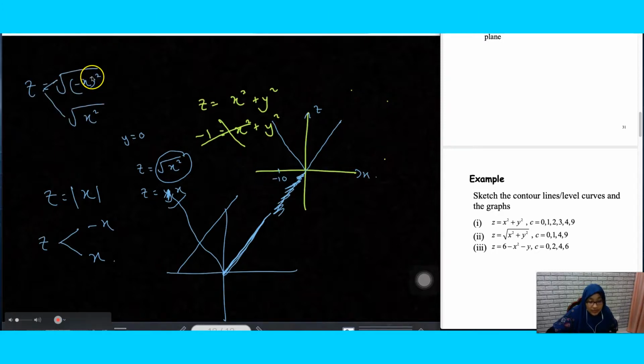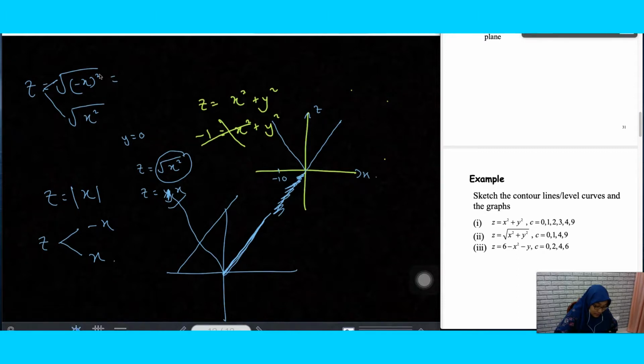Or maybe to satisfy you, we can also write it like this, because this is the original one, right? We want it at the end to be x squared. Then this is the original one, x squared. But then you can put any value of x inside here, and then you put the square. So the square root and square cancel out, so you have minus x and you have x.